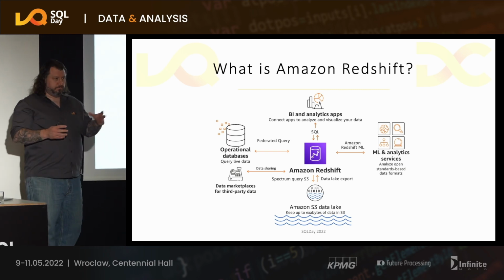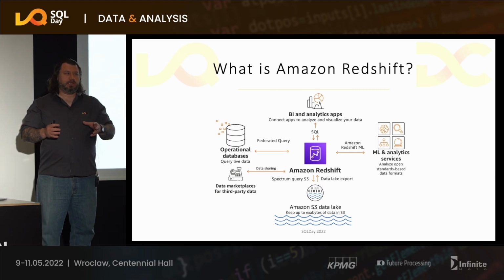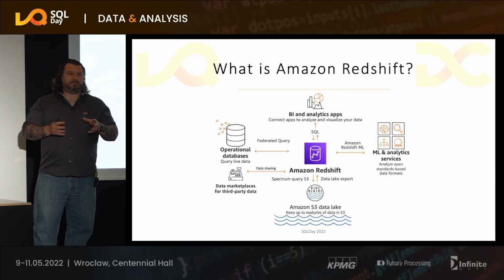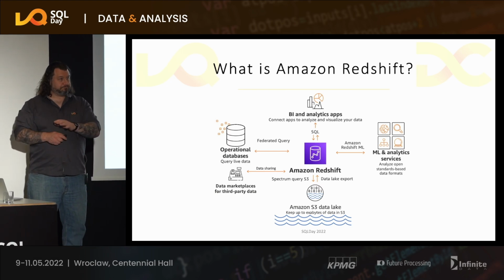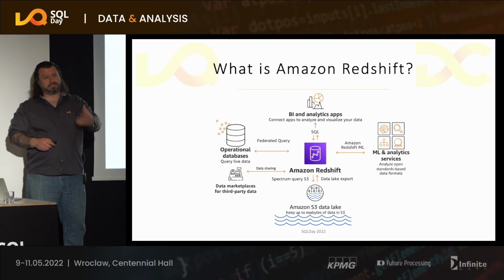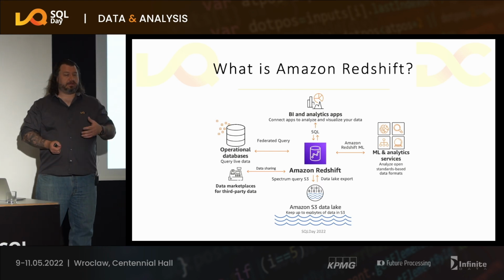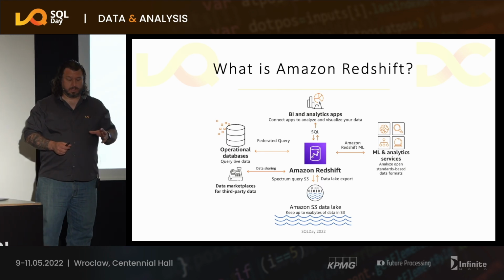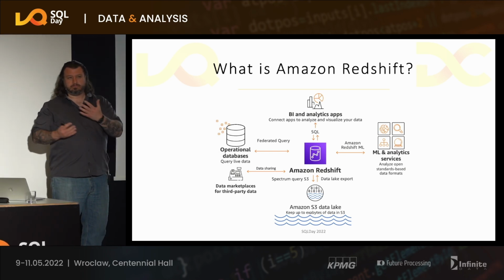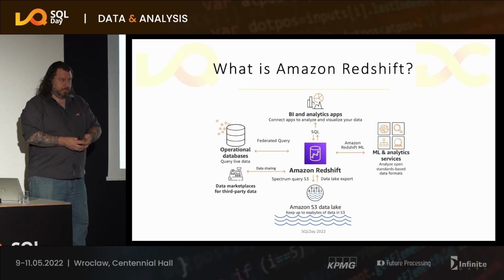Redshift itself started off as a variant or fork of Postgres back in the old version 8 days, and it's been evolved and adapted. So a lot of the language there is ANSI compliant SQL, but there's some Postgres elements to it as well. So when we're querying it, that's the sort of language we're using.